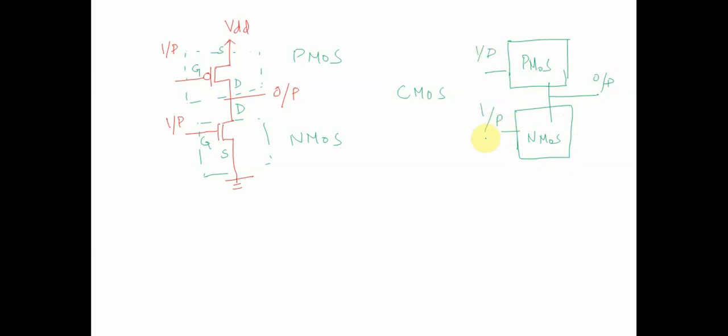Correct? This is how a CMOS circuit looks. And now let's try to understand a CMOS circuit better with the help of an inverter. The most basic CMOS circuit is an inverter, and it looks something like this.